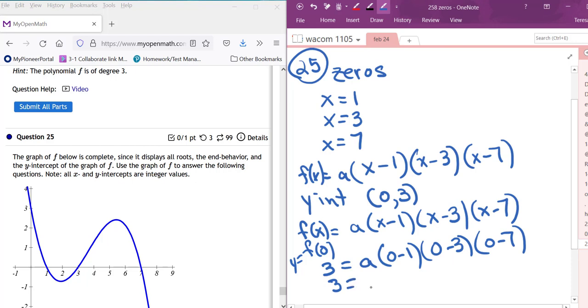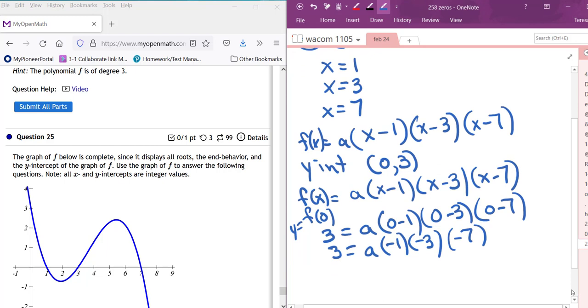So we have 3 equals a times negative 1 times negative 3 times negative 7. And so we'll multiply these out.